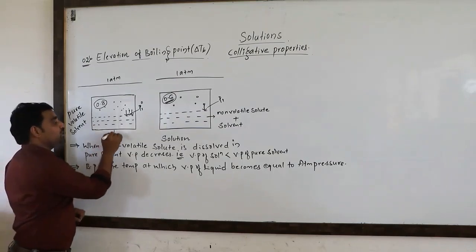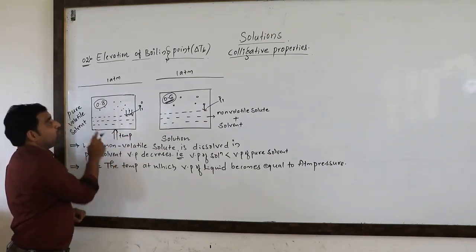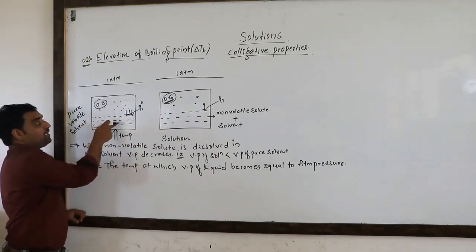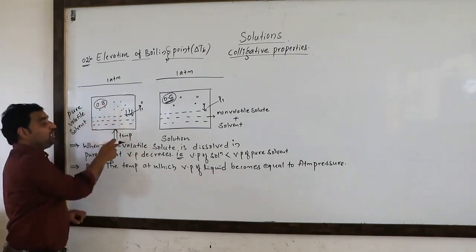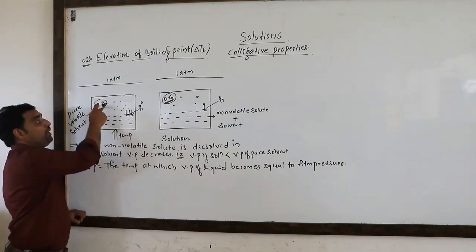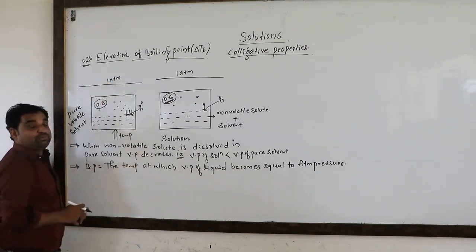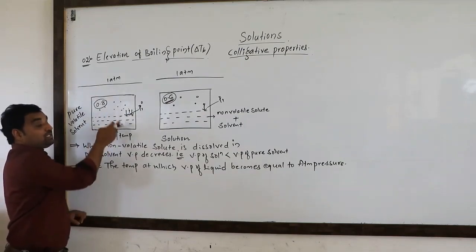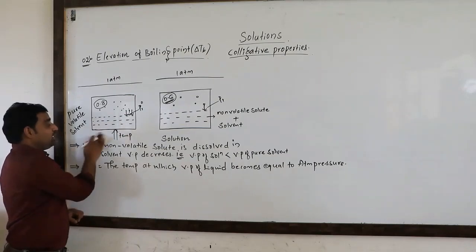If we give temperature, evaporation increases, vapor molecules increase, and vapor pressure also increases. When we increase the temperature, 0.8 becomes 0.9, then it will become 1 atmospheric pressure. At that temperature, the solution starts to boil. That temperature is the boiling point of that solution.